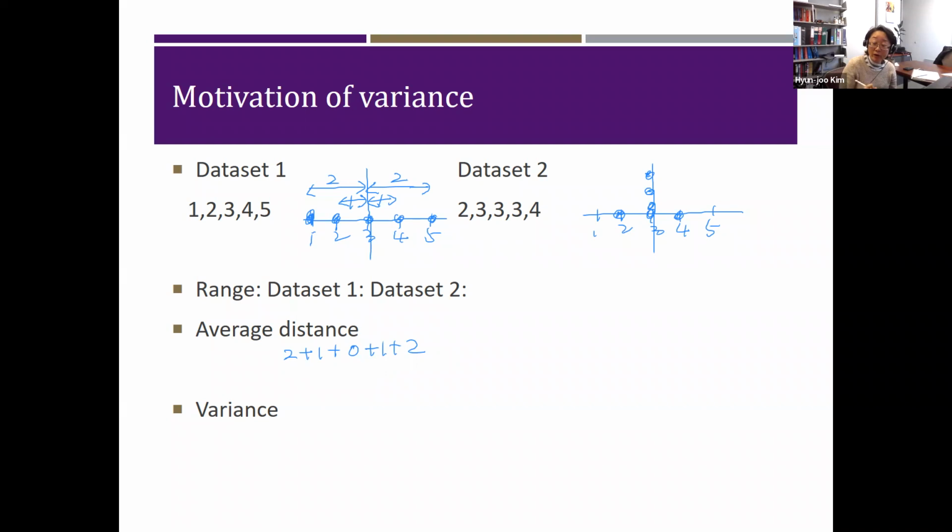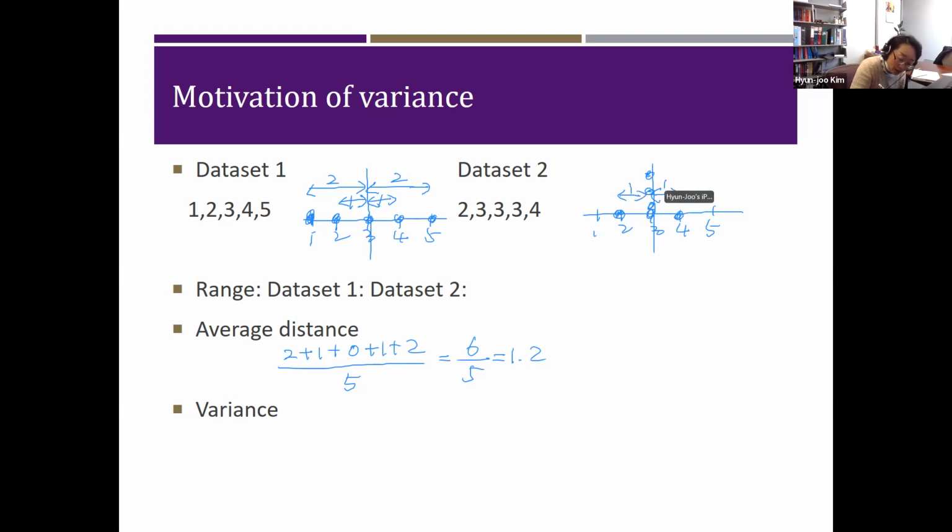But just to be fair, if you have more data points, you're going to end up with a bigger number here. So to be fair, we should probably take the average of it. For data set 1, this will be 6 over 5, which is 1.2. And the second one, you can say this one is this much, and the data point 4 is this much, so 1 and 1.